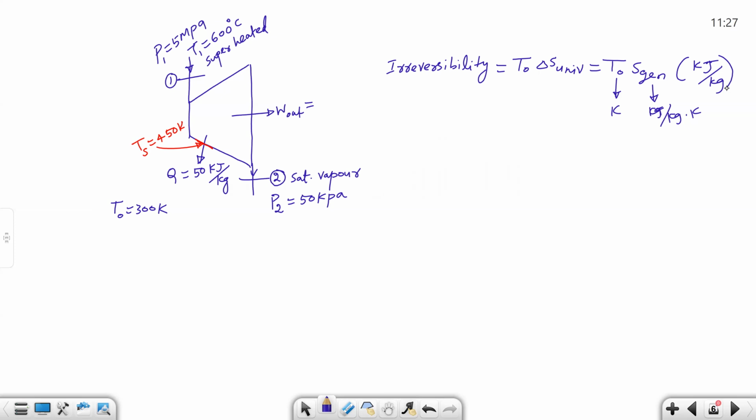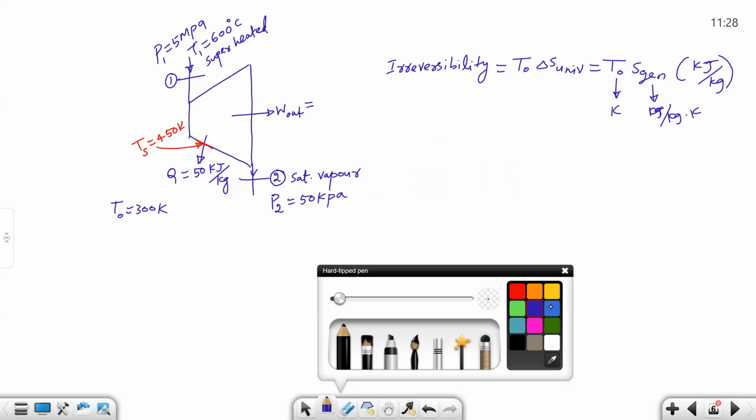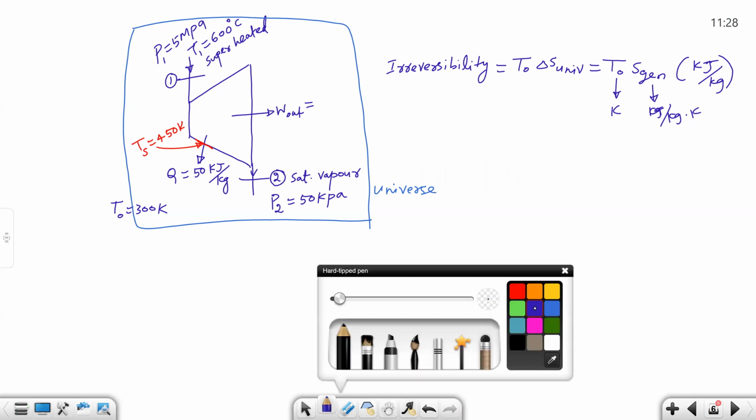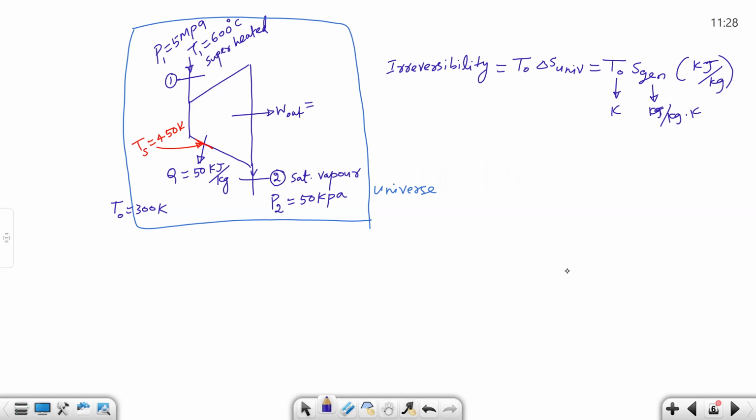So now we write an entropy balance for, if you take this as the universe, this is the universe. So entropy change of the universe is within the turbine. So we apply the entropy balance equation.